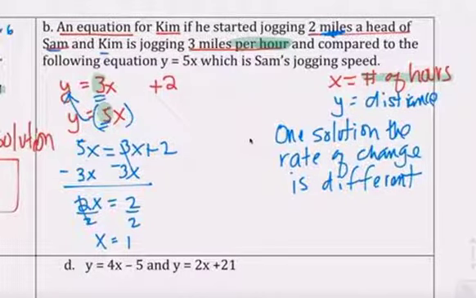If x is the number of hours, at 1 hour, Kim and Sam will catch up. But how far have they driven? Because y is the distance. Let's see how far they jogged before they meet up.